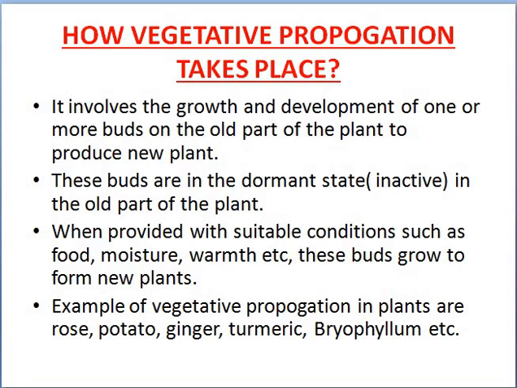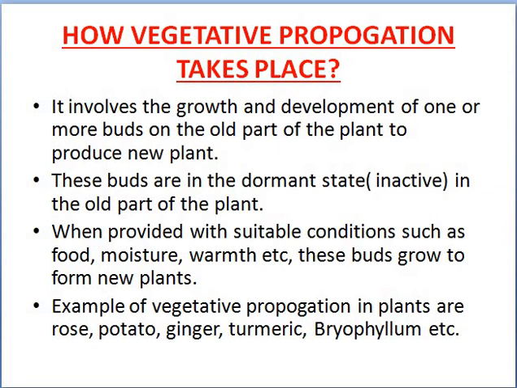Now, when provided with suitable conditions such as food, moisture, warmth, etc., these buds grow to form new plants. When will the bud become active? When the bud gets all the favorable conditions.